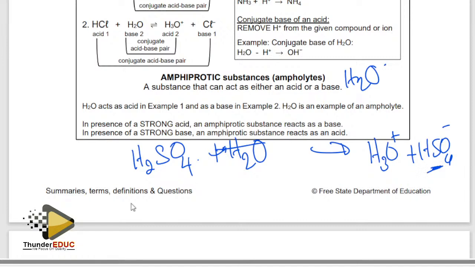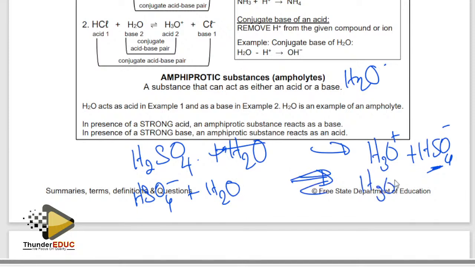If I bring hydrogen sulfate here and add water, I form hydronium ion again plus sulfate. Here it is a base, because it receives from this and goes back to this.